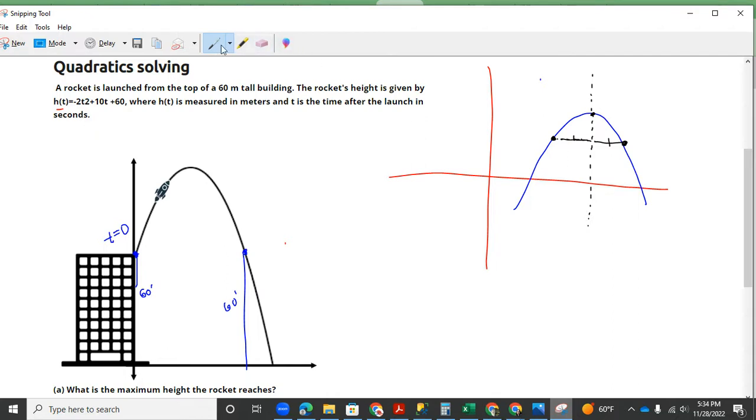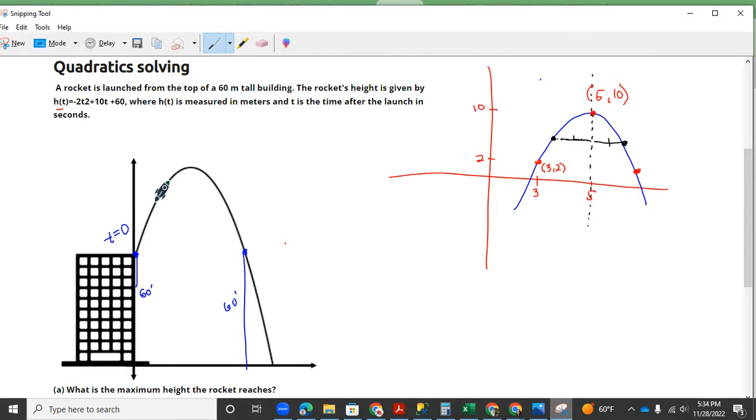If you have another point here, this point is an exact mirror of this. Let's make up some points. Let's say this first red point is 3 comma 2. So this is 3 and this is 2. And let's say the vertex here is 5 comma 10, just as an example. So the x here is 5 and the height here is 10.